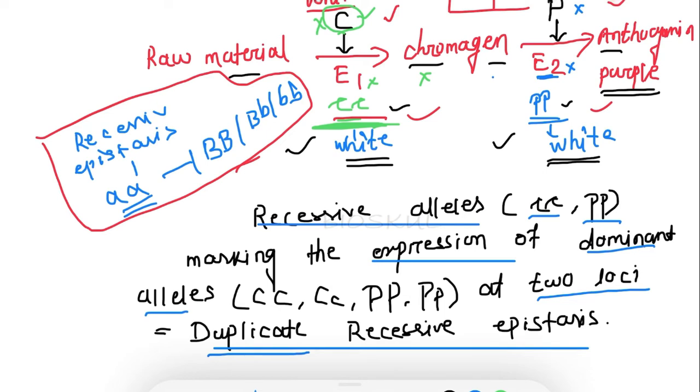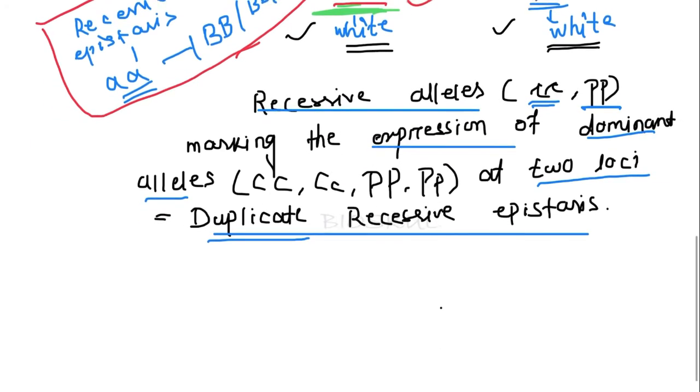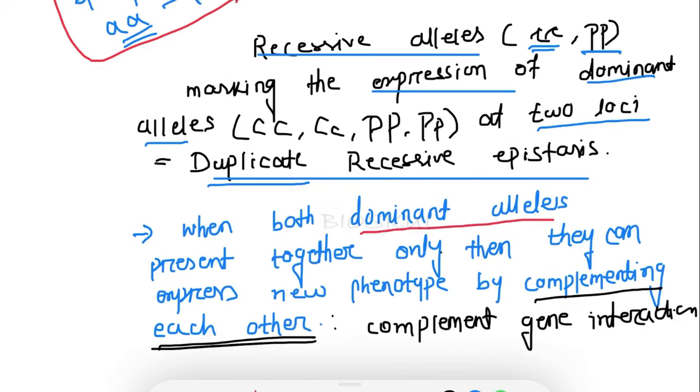Not only does a single recessive allele mask the expression of dominant alleles, but duplicate recessive alleles do. Now we'll understand why it is called complementary gene interaction.